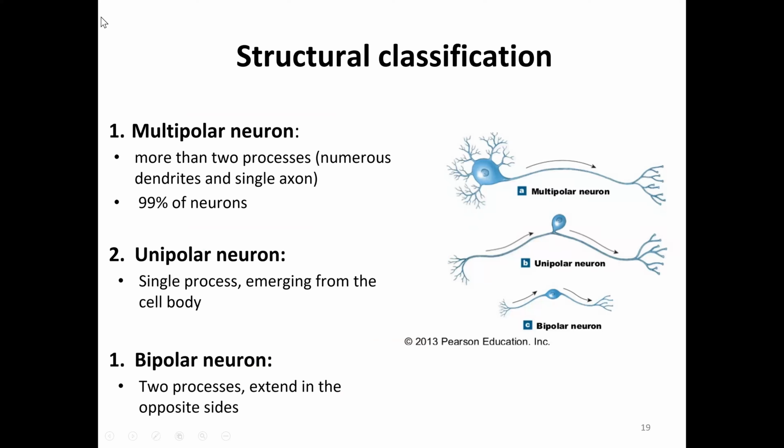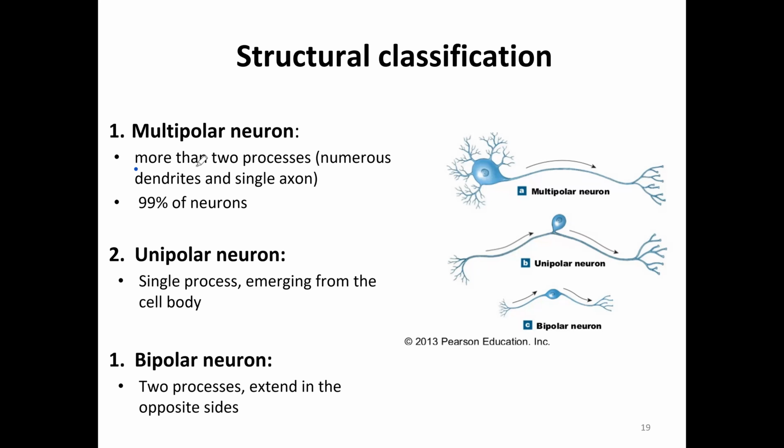And this is our structural classification. We already said that it depends how many processes we have from a cell body. So here's the cell body, this blue bubble. If we have multiple processes, like here we have 1, 2, 3, 4, 5, and 6, then we call it a multipolar neuron.